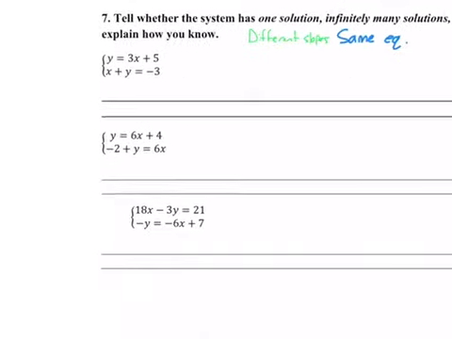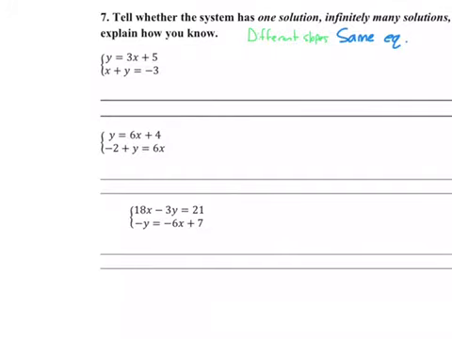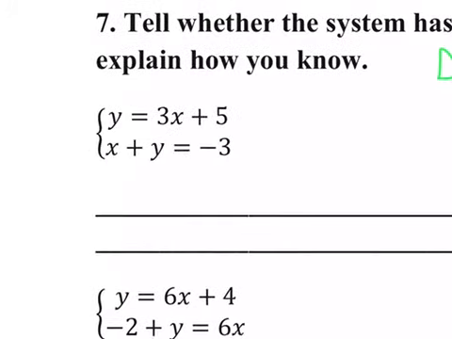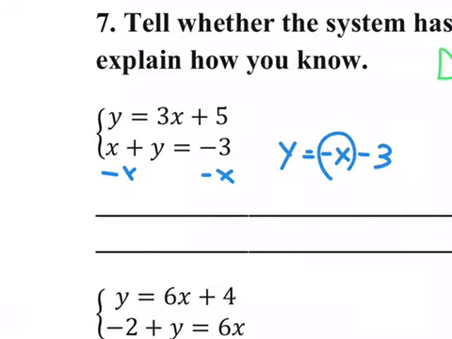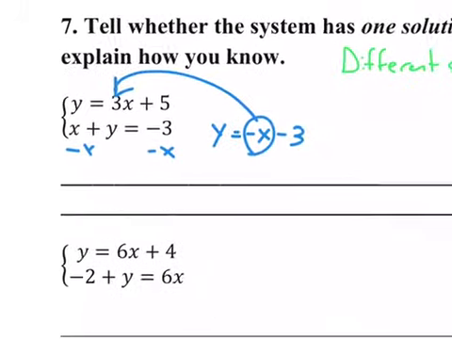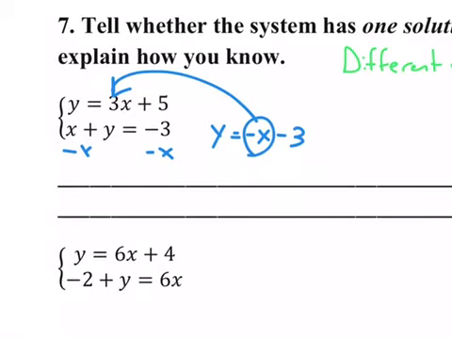Alright, so working with this here, if I subtract this x over, it makes this equation y is equal to a negative x minus 3. These equations have different slopes. They are guaranteed to cross over one time.